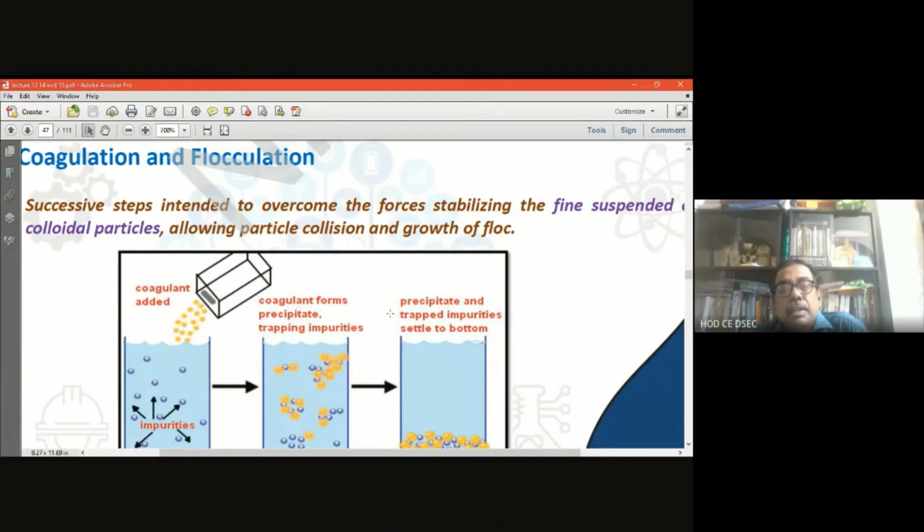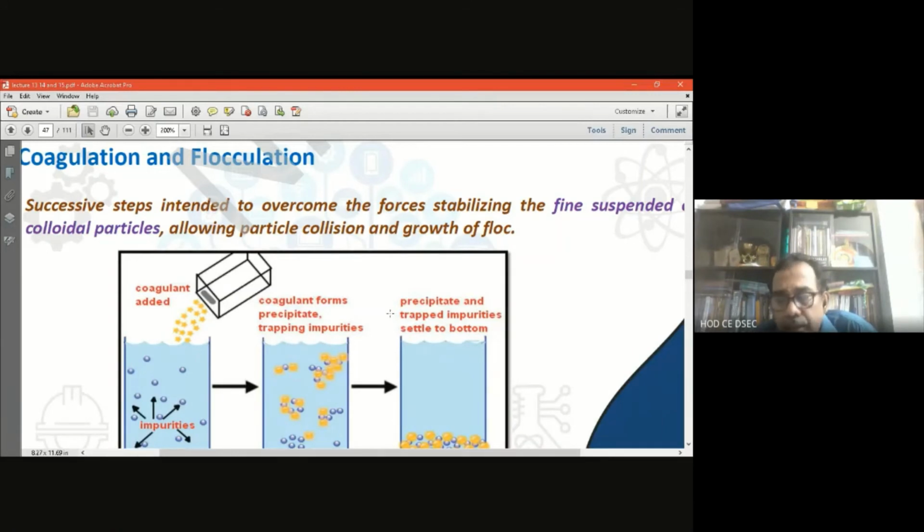In water, there may be very fine colloidal suspended particles which cannot be seen by the naked eye, which can be seen by microscopes, and these are negatively charged particles. These cannot be settled easily under the force of gravity.